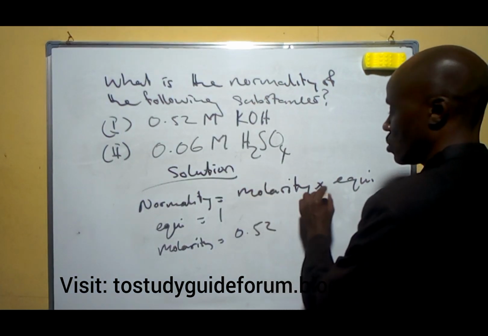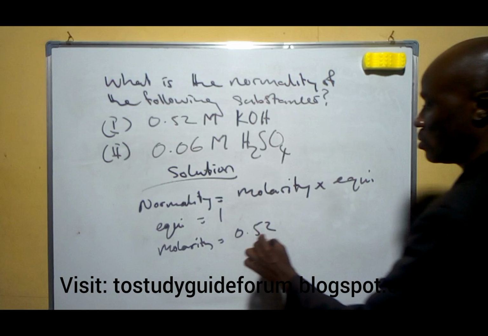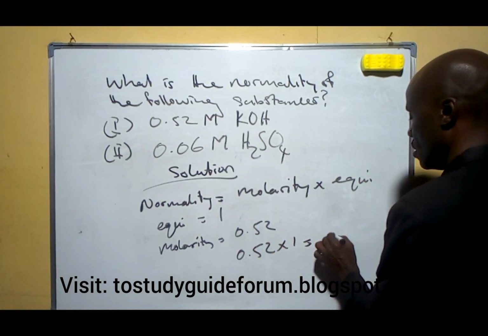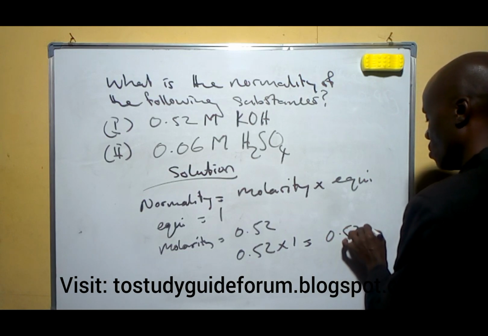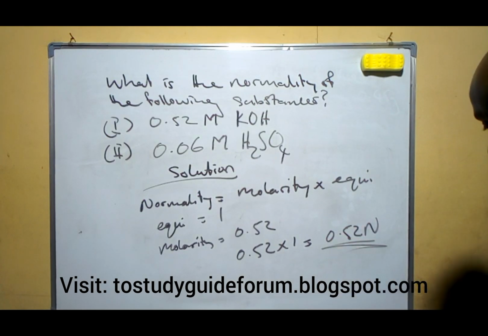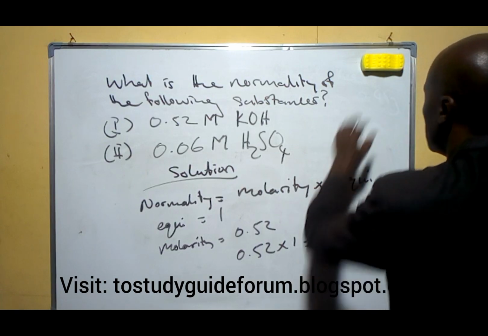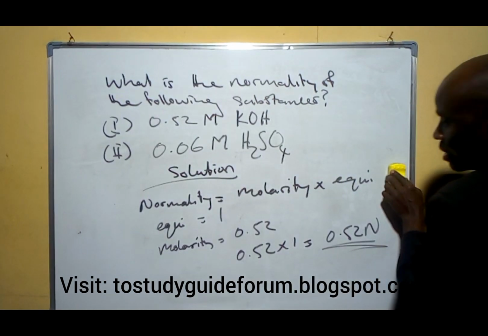So using this formula, we do 0.52 times 1, that will be 0.52. That's for the potassium hydroxide.